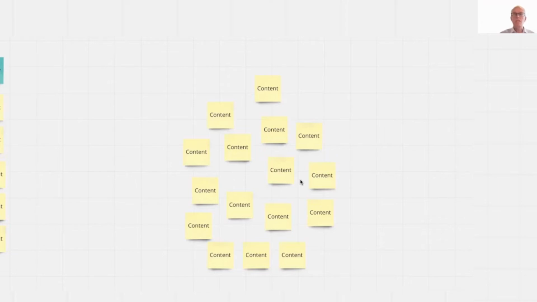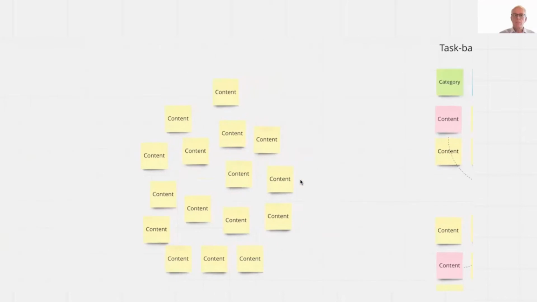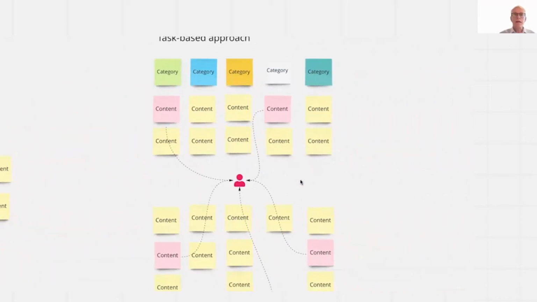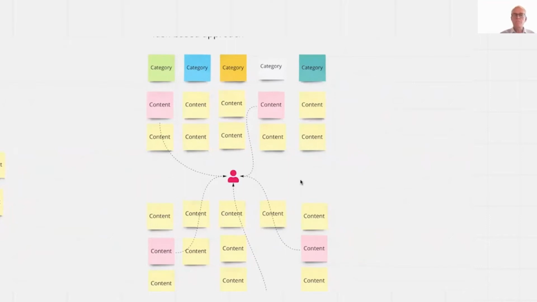So what I'm going to suggest to you is, I'm not going to say that category-based organization is useless. It has a very important role. But I'm going to suggest, when you think about your audiences and your content, that you think about a task-based approach.